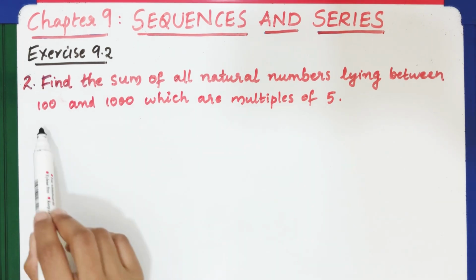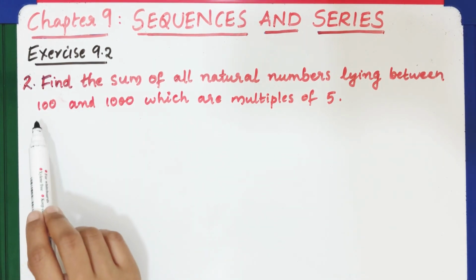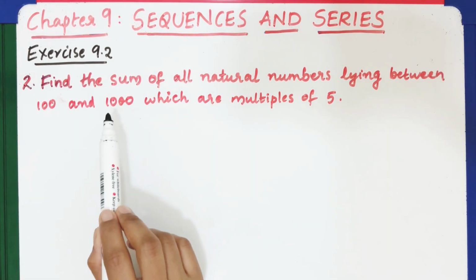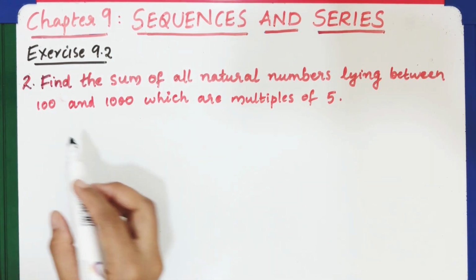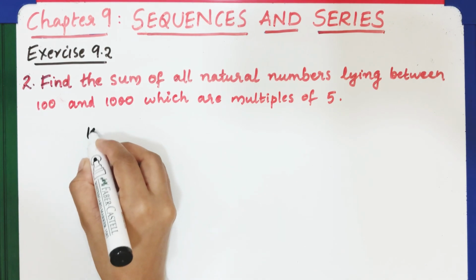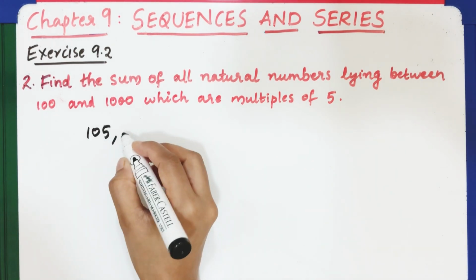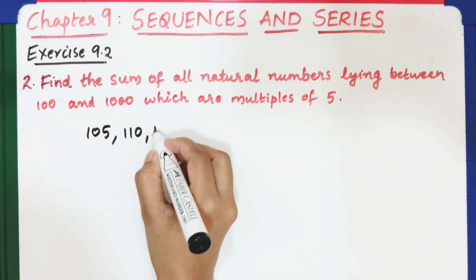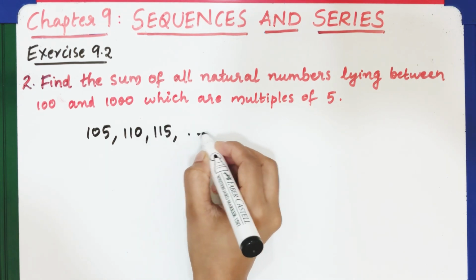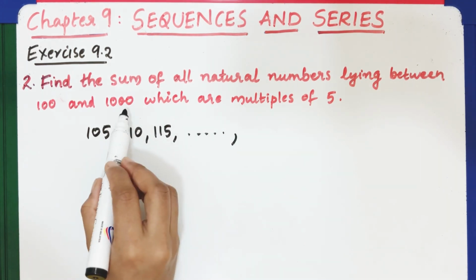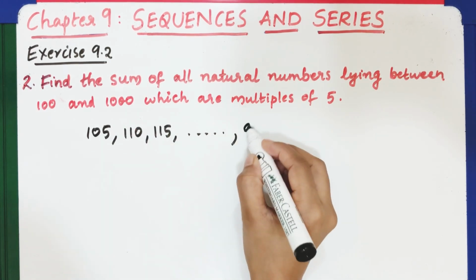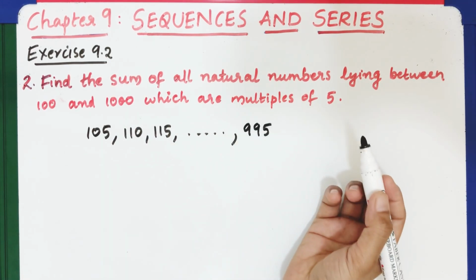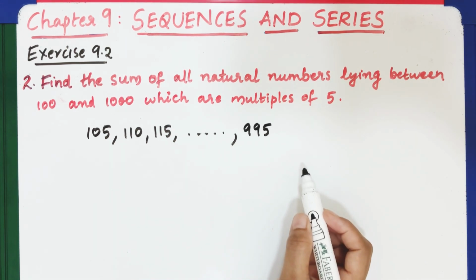Since it is lying between 100 and 1000, we need not consider 100 and 1000, only the numbers between them. What will be the first term? 105. Next 110, 115, etc. What will be the last term? 1000 minus 5, that is 995. So this is the AP.